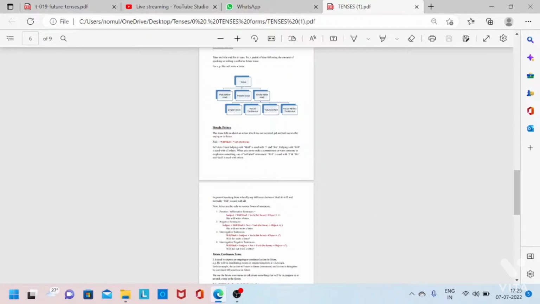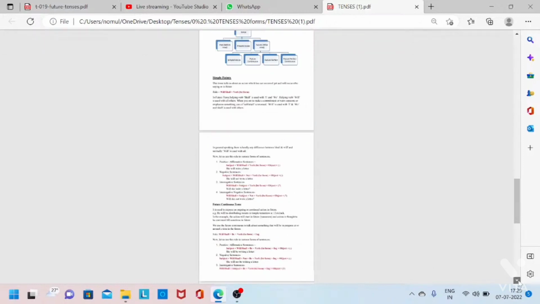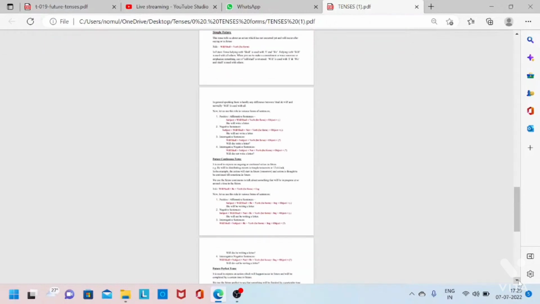And here also the positive sentence we will be using will and shall plus verb v1 and the object. Okay, for the negative sentence we will be as usual using not plus verb. Okay, will, shall plus subject plus not plus verb. Here it is. Okay, and the first form of the verb we will be using. So for the continuous also we will be using will or shall plus be plus verb first form plus ing formation and object.